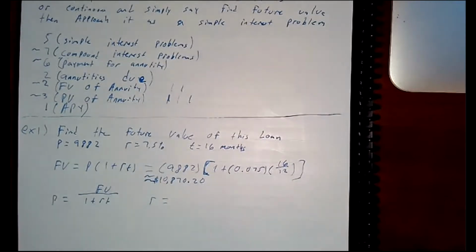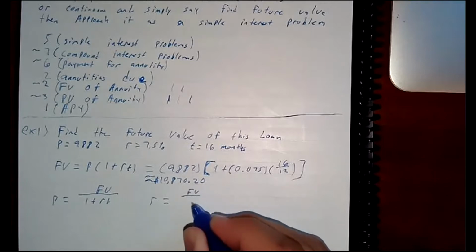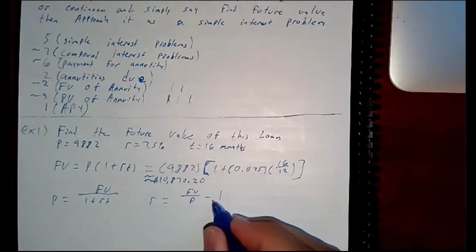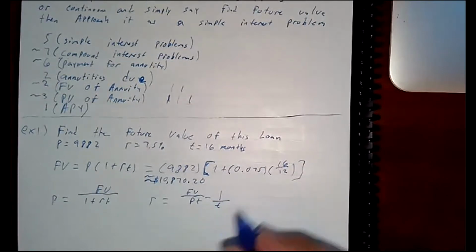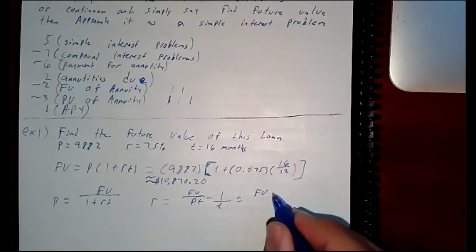And if you want to find R, that would be, let's see, FV over P minus 1, over T. Let me make this pretty. I'm solving it right now. One second.